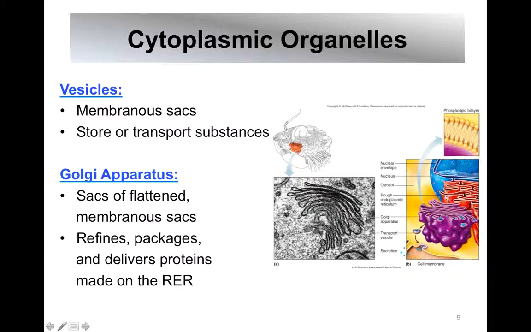Okay, so when a protein is made on the rough ER, the protein's carried to the Golgi apparatus in a vesicle, and the Golgi apparatus will modify the protein, add things to it, fold it a certain way, and then package it for export from the cell.